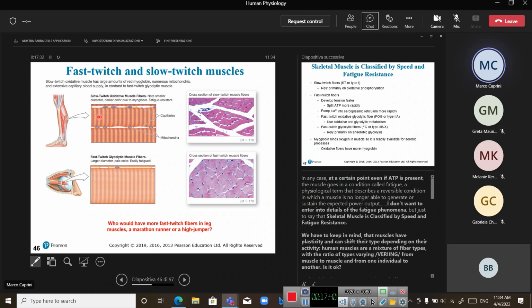There is a large amount of red myoglobin, which is important for the transport of oxygen. There are numerous mitochondria, so the metabolism is extremely high, and an extensive capillary blood supply. You can see here the muscle is more red.